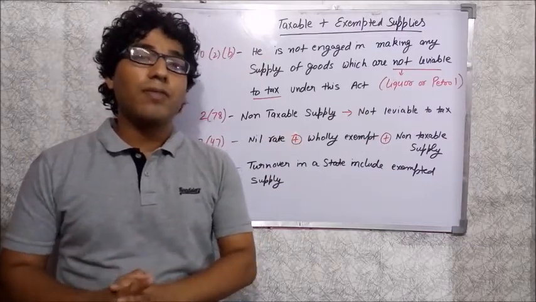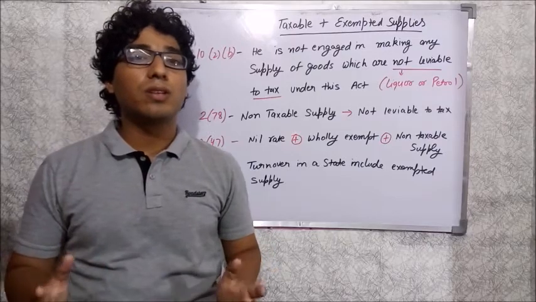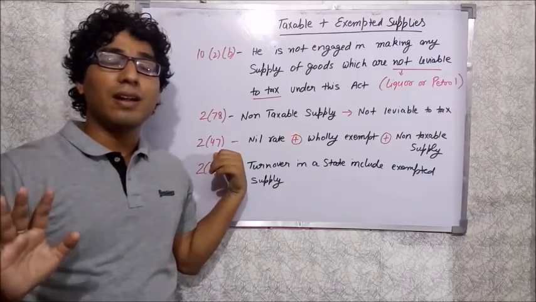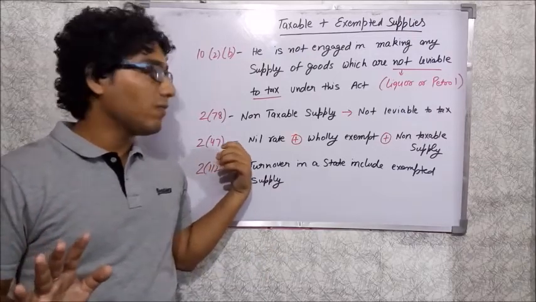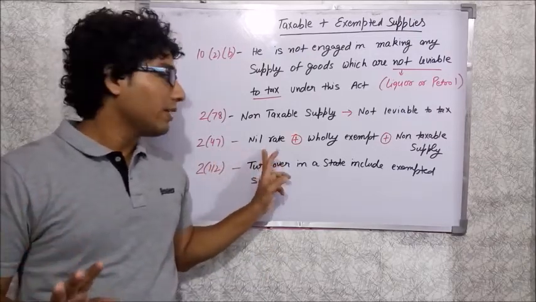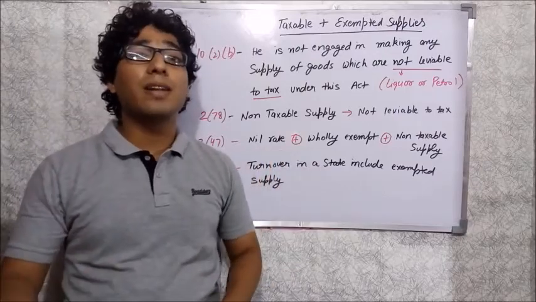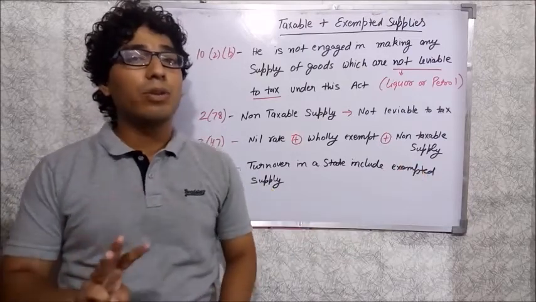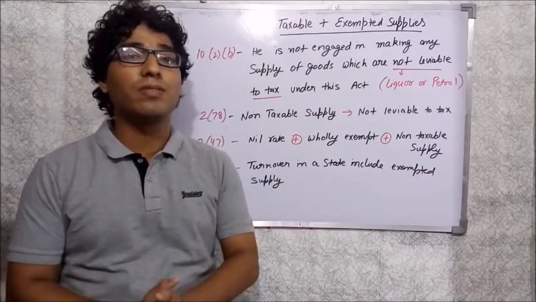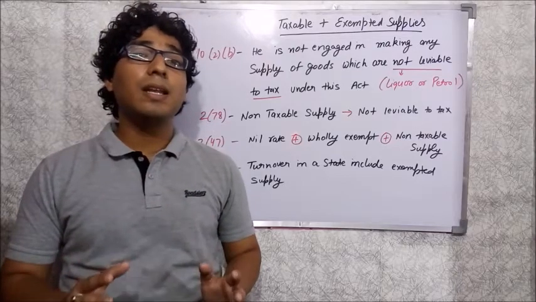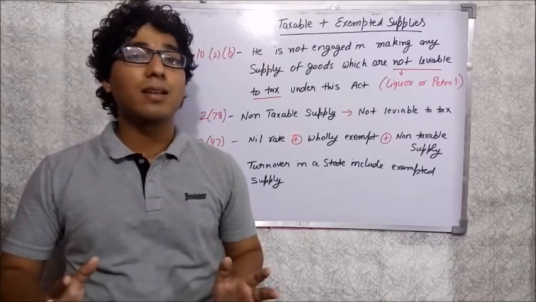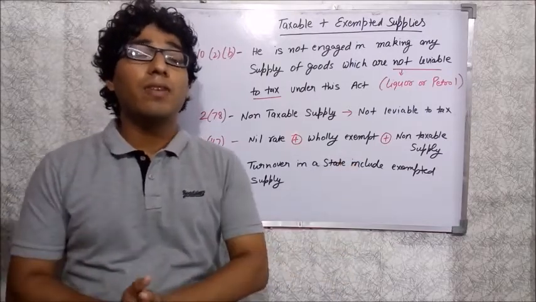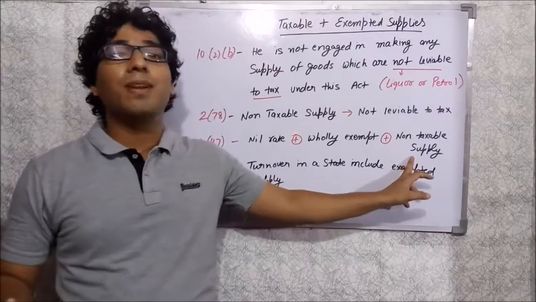And if you check the definition of exempted goods or services, it is defined under section 2 subsection 47, which says exempted supply means nil rated plus wholly exempted under section 11 plus the non-taxable supply. So there are three components of exempted goods or services. The first is those whose tax rate is nil, the second is those wholly exempt under GST, and the third is non-taxable supply.